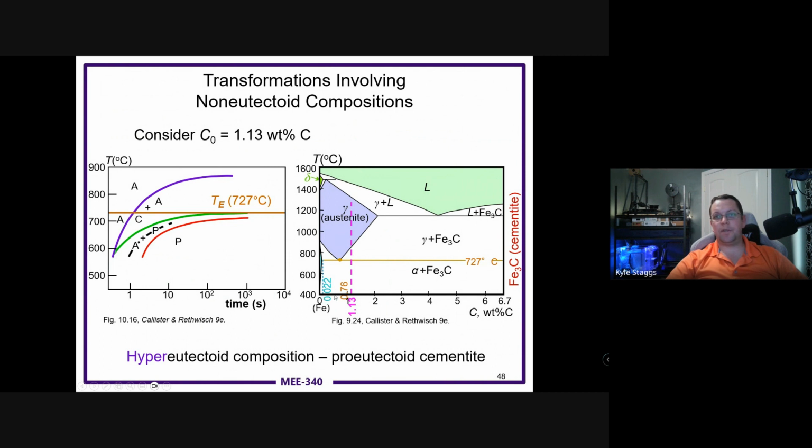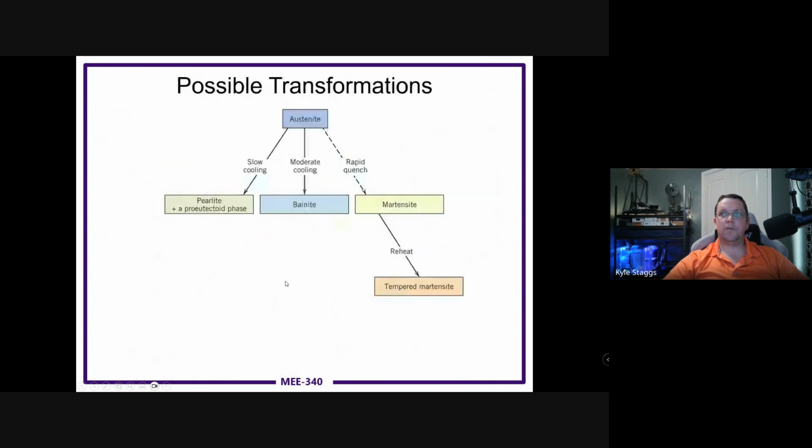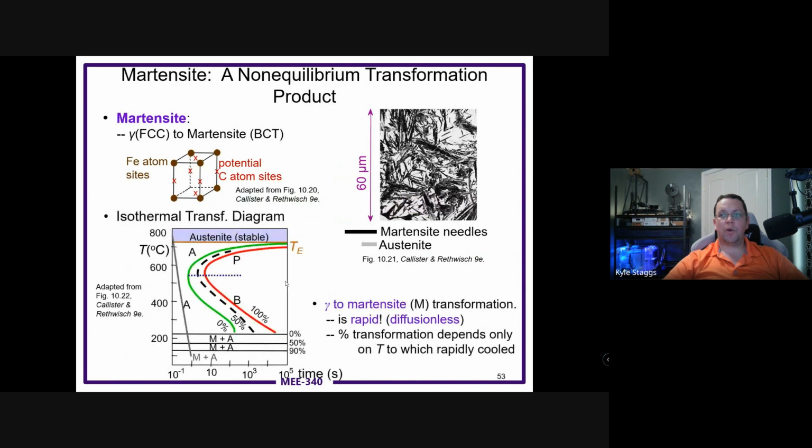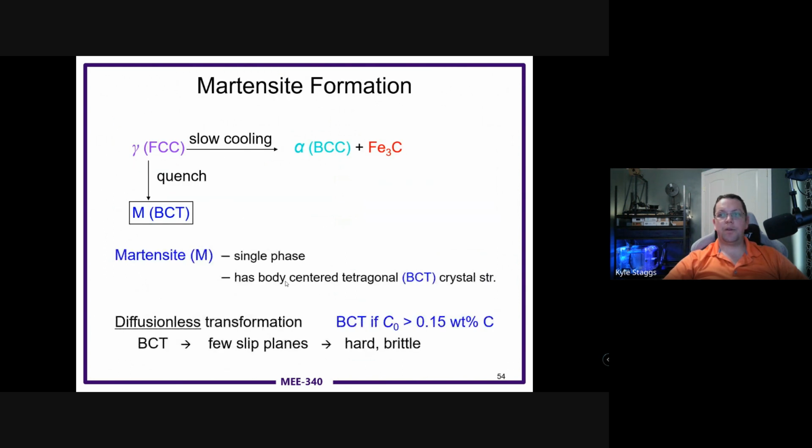Actually, I guess 0.15 is probably somewhere around here, above where we've got this alpha fraction, because this one is, I think, 0.022. So yeah, maybe it's actually closer to somewhere like here. The point is, you have to be able to form the austenitic phase in order to get there for any kind of martensite formation. The more carbon you have, the better you're able to reach that range.